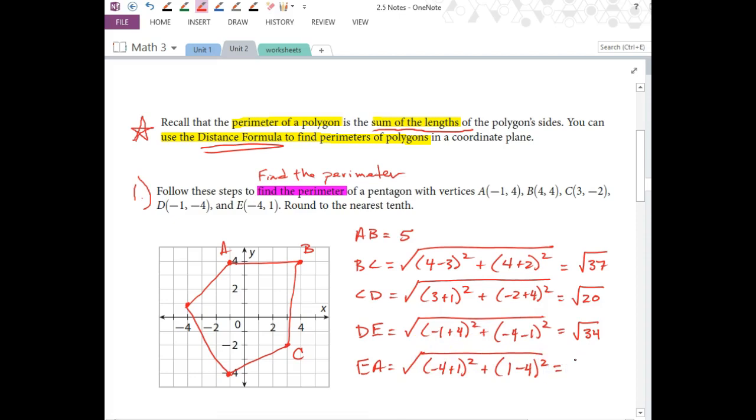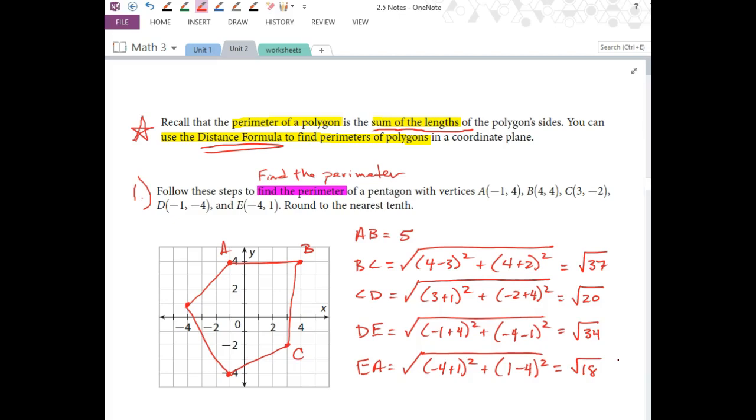We got 9 plus 9. -3. So 18, right? Don't feel bad, I make mistakes too. Did everybody agree with that one? 18? Now that I have the distance for each of the sides, what do I do to find the perimeter?